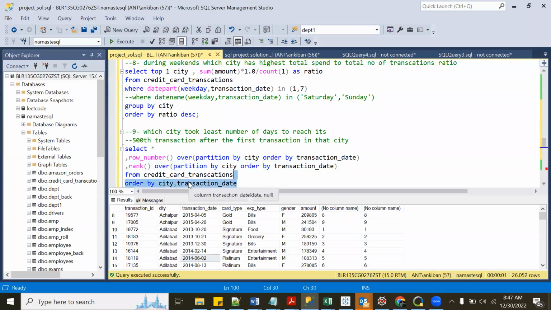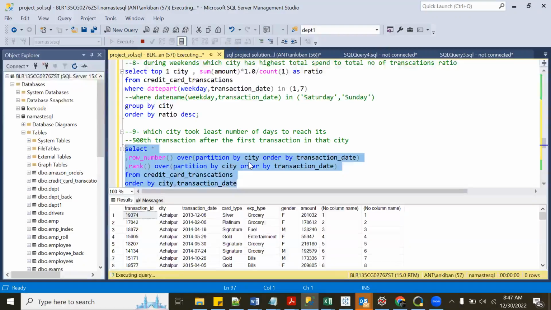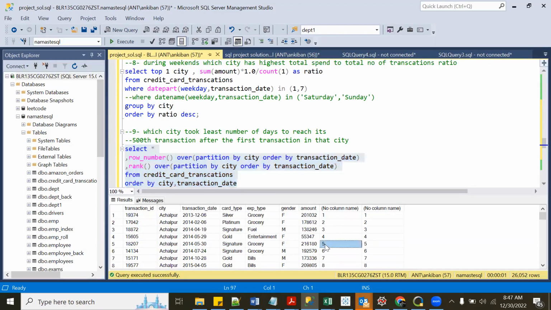I think we have to remove the partition, no, we have to take partition by, for each city we want. Within each city, I need how many days it took, right? For Achalpur, this is the first line.